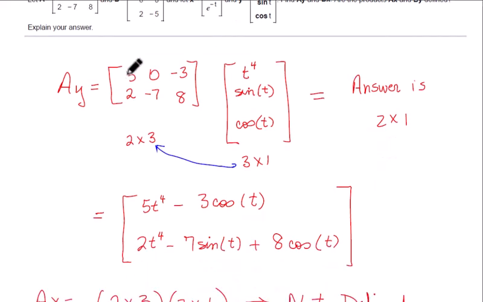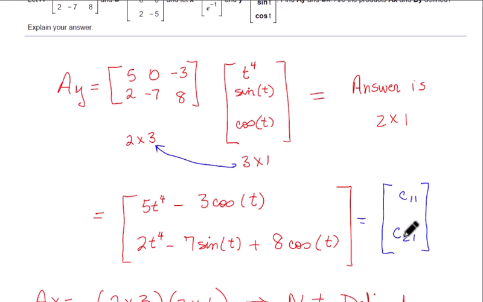So take the first row times the first column, and this is what we get. Second row times this column, and that's what we get. You see my answer here, this is C11. This is C21. So again, the indices tell you what gets multiplied.